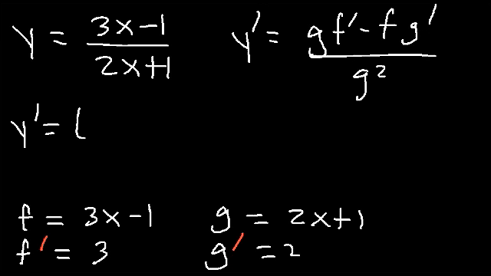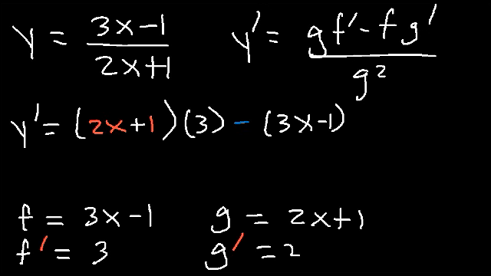So g, as we said, is 2x plus 1, times f prime, which is 3, minus f, which is 3x minus 1, times g prime, which is simply 2.